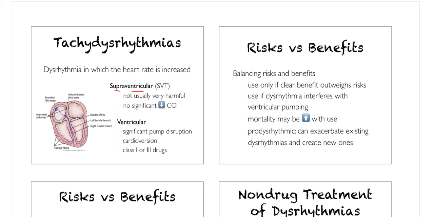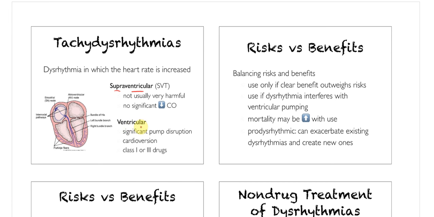So these can actually be pretty varied in how severe they are. If they are simply 130s, 40s, that may not be terrible. They're still going to be capable of producing the right output. But if you bounce it up to 180, 220, we're looking at some very significant rhythms where you may not have much in the way of a cardiac output.